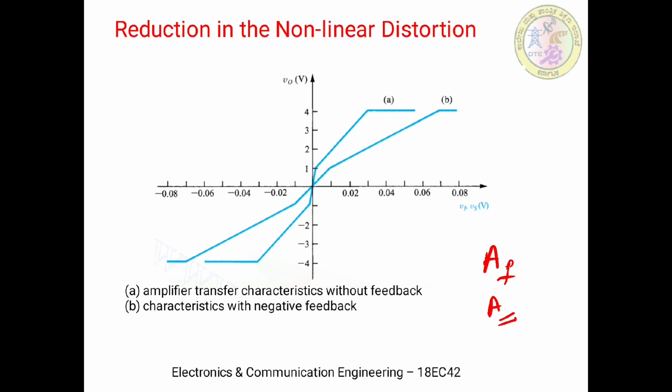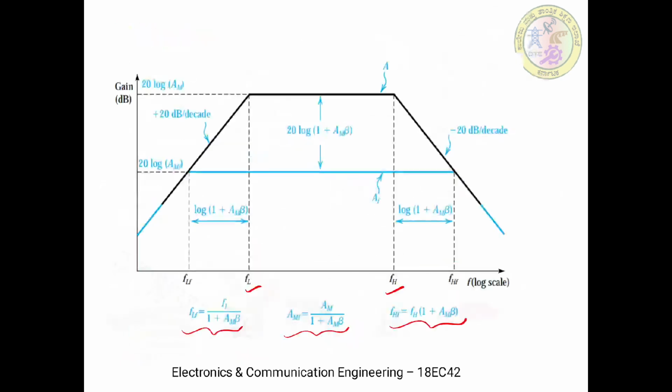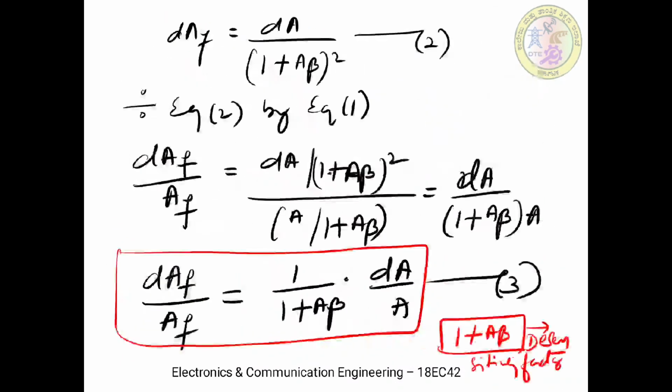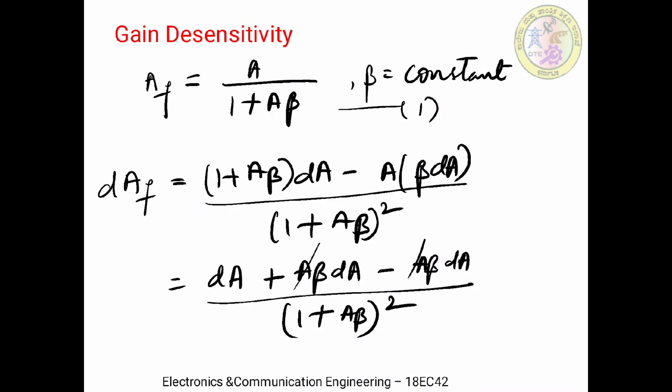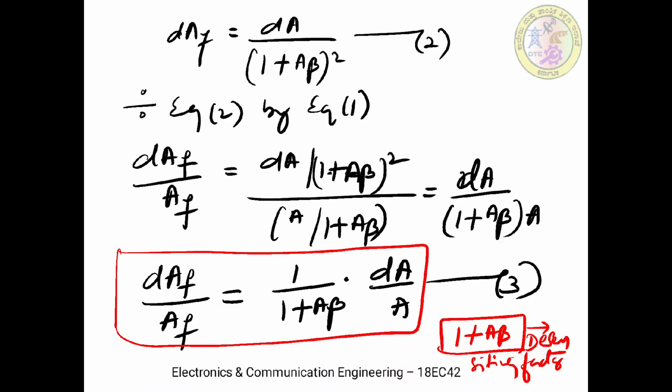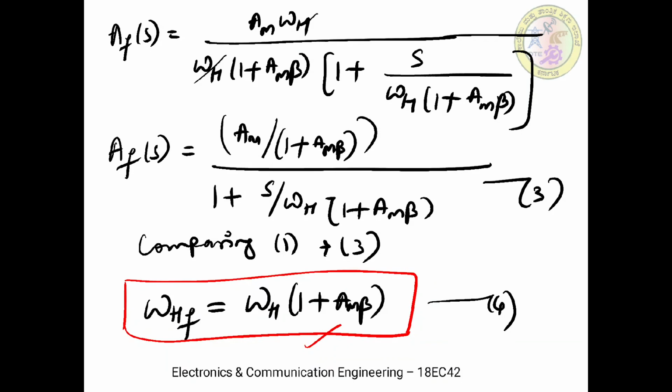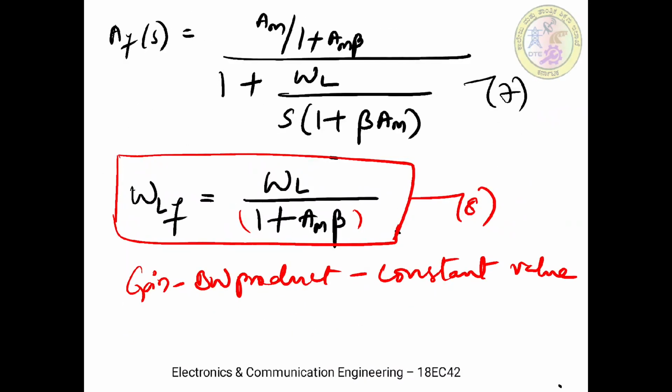These are all the important properties of negative feedback amplifiers. With this, the session will be closed. In this session we have discussed the different properties, like how gain desensitivity can be obtained, and bandwidth extension, that is, how the higher and lower 3 dB frequencies are affected with the feedback connection.